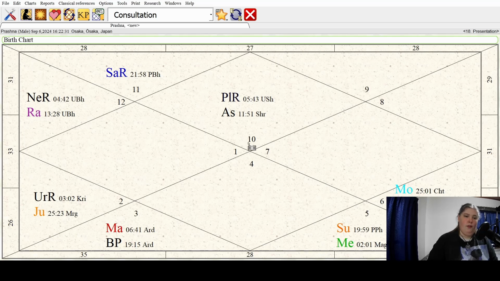So, the first lord, in this case, it's a Capricorn ascendant. We look at Saturn. Saturn goes into the 2nd house. So, 1, 2 houses away. Then you're going to count 2 more houses away. So, 1, 2. We get Pisces, the 3rd house.